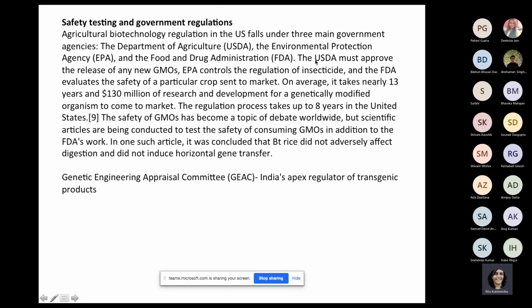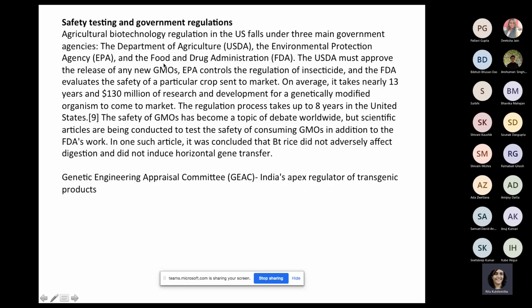One would be the environment, because there is a chance that the transgene that you are putting, there are ethics related to it. So if it gets spread in the environment, will it affect the wild type crops and so on? So environment is definitely another agency from which you have to take the approval.